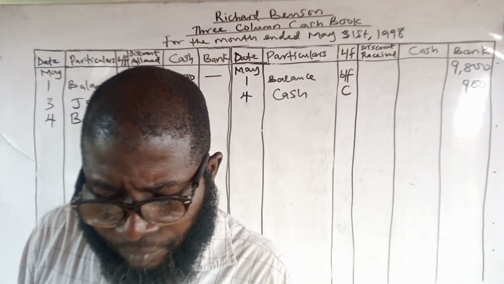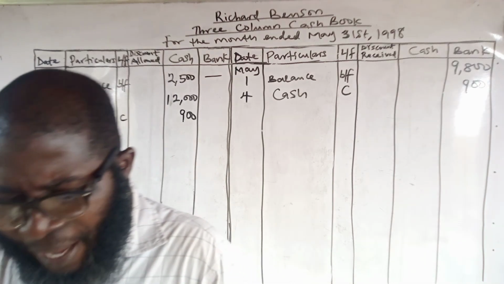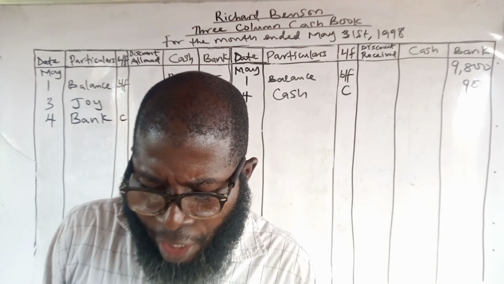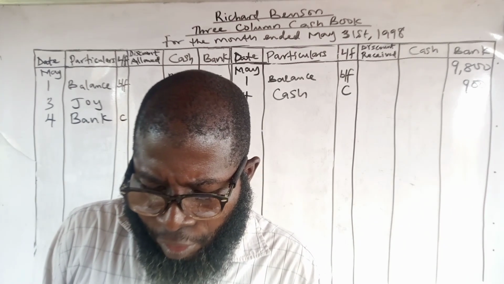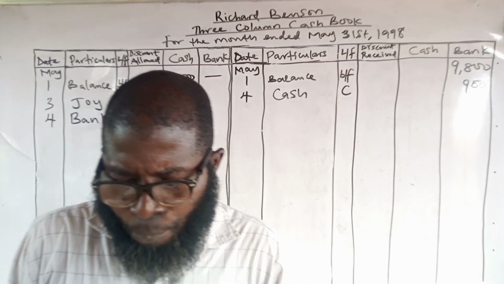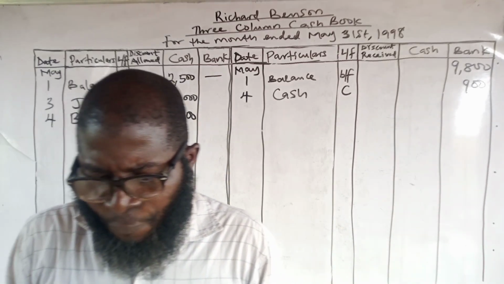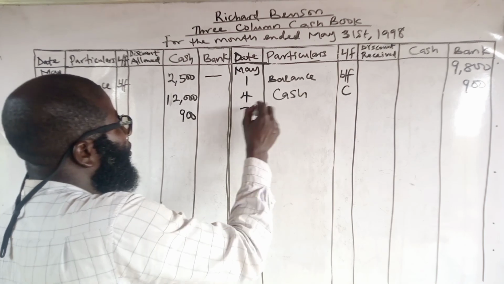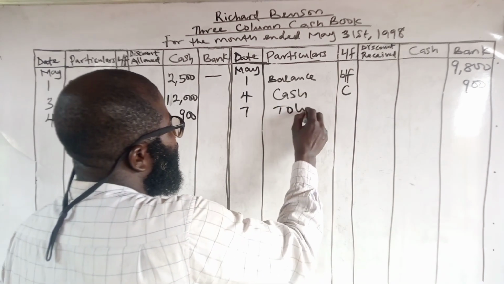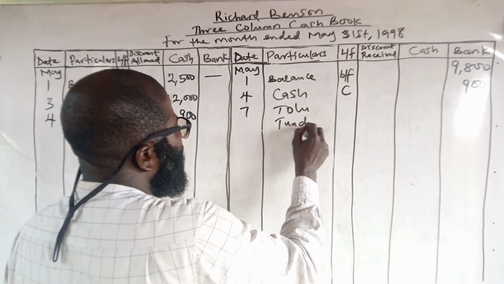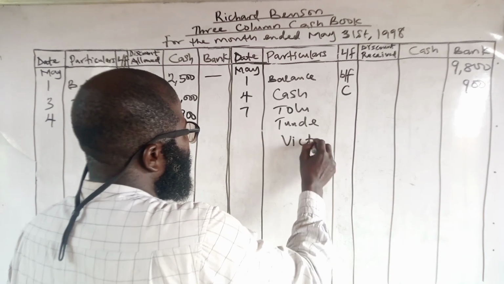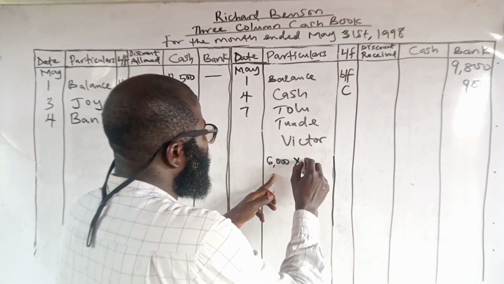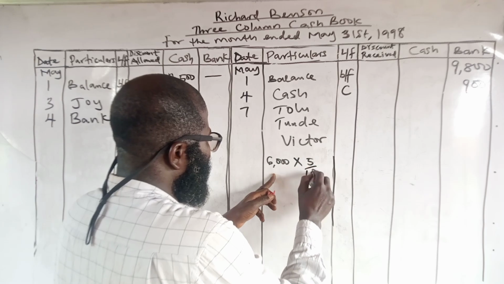Now, May 7, we pay the following accounts by cheque, in each case deducting 5%. Tolu 6,000 naira, Tunde 5,000 naira, Victor 3,000 naira. We have May 7: Tolu, Tunde, then Victor. For Tolu, we pay 6,000 naira, then we deduct 5%.